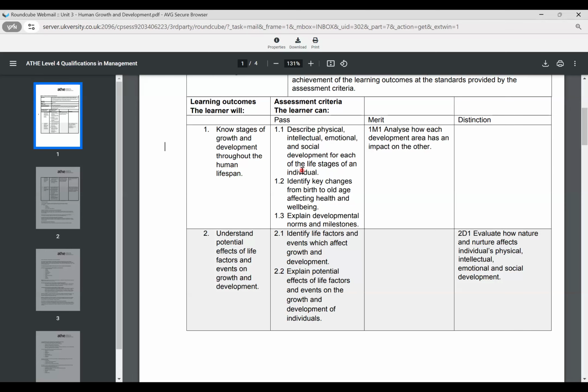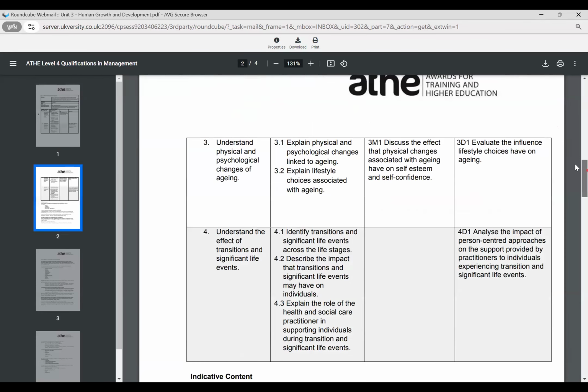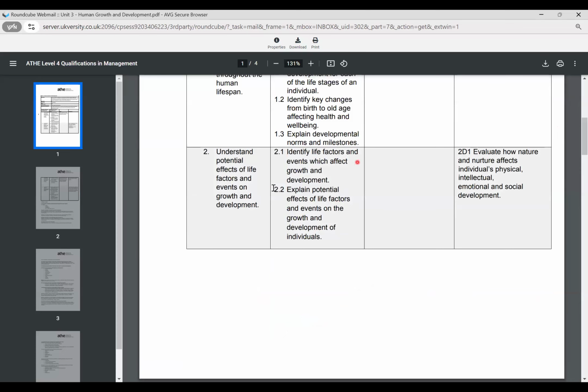You would identify key changes from birth to old age affecting health and well-being, and you are to explain the developmental norms and milestones. In order to achieve a merit, you would want to analyze how each development area has an impact on the other.